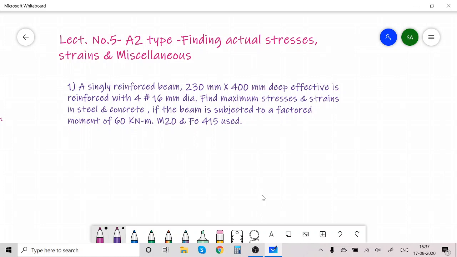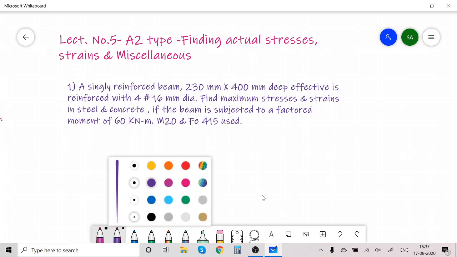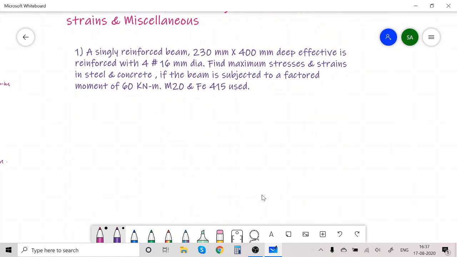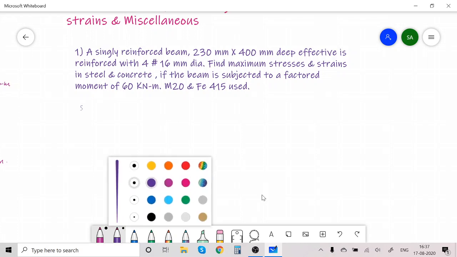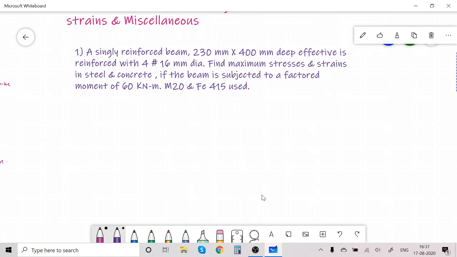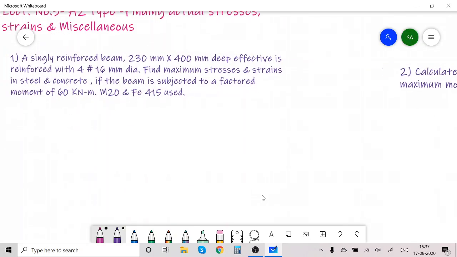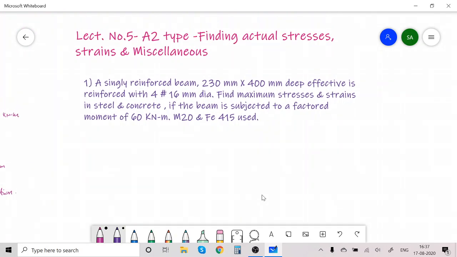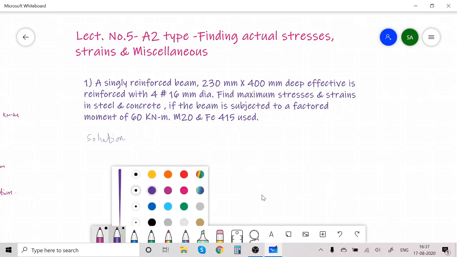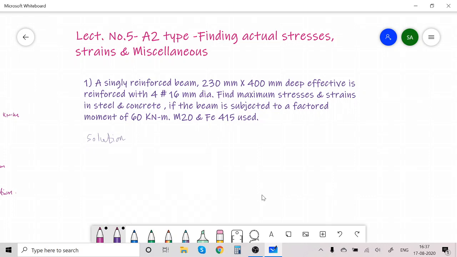Now, to start with, we will note down the given data. So, solution. Data given.